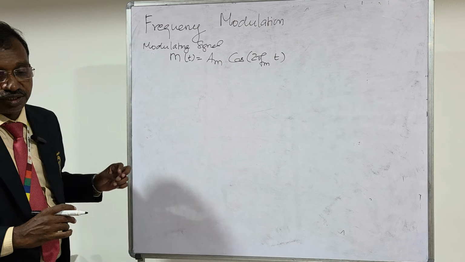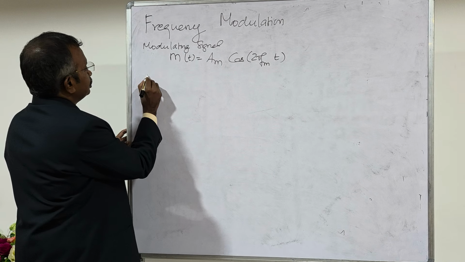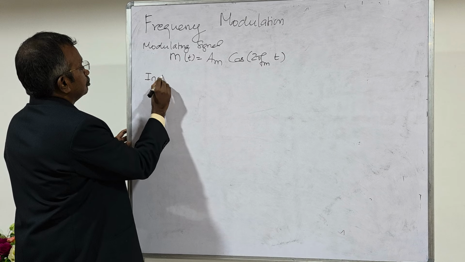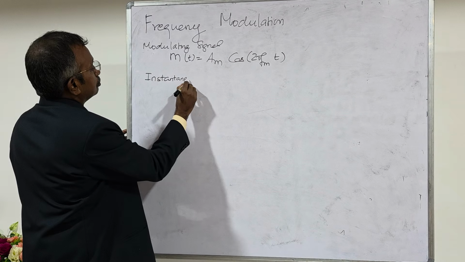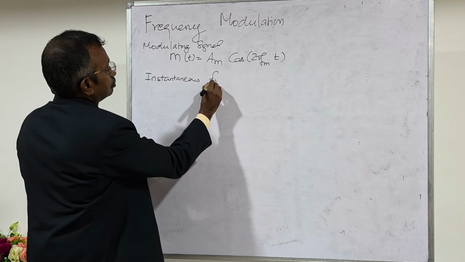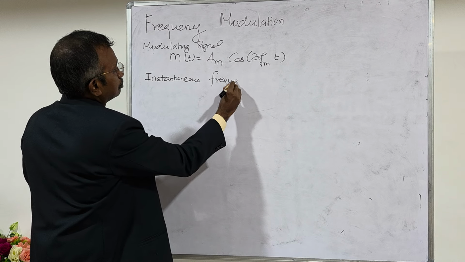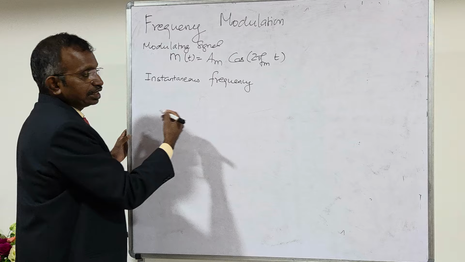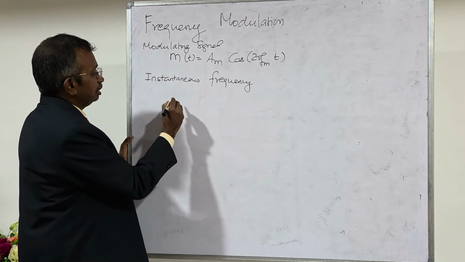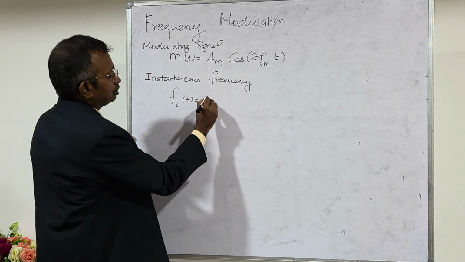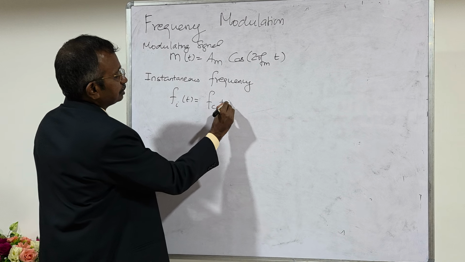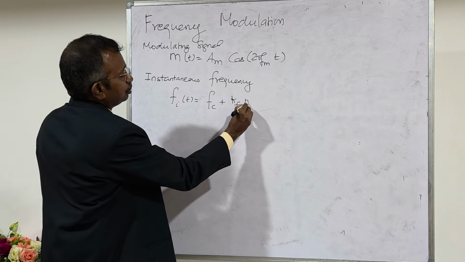Then the instantaneous frequency. I have given it in the previous slide: Fi of t is equal to Fc plus Kf into m of t.